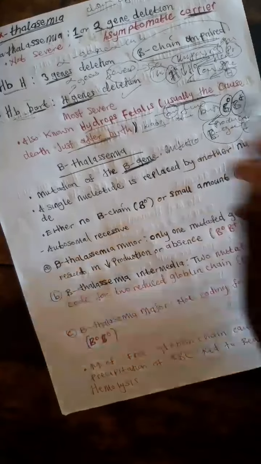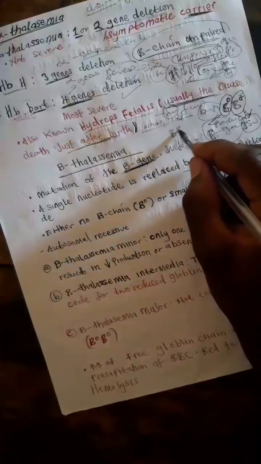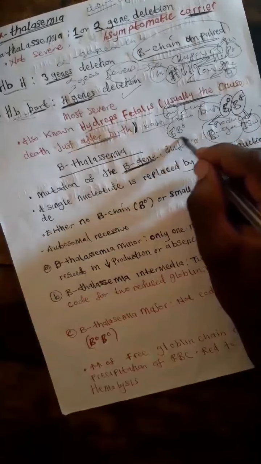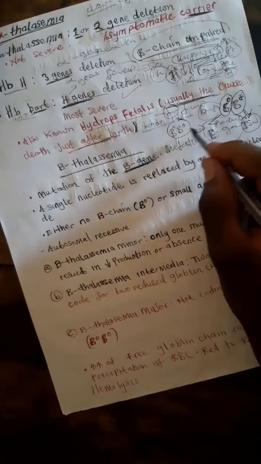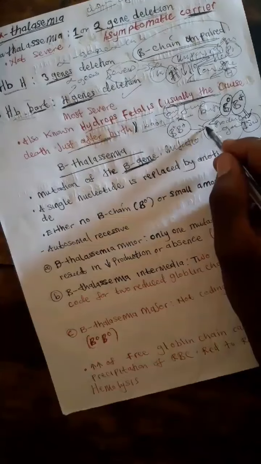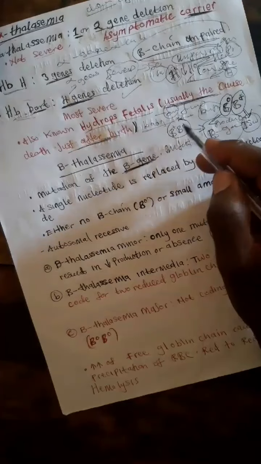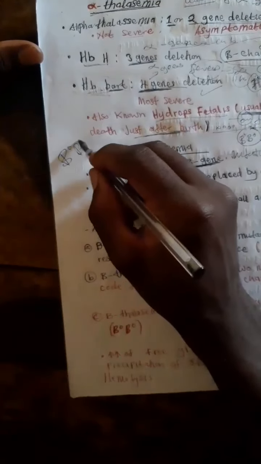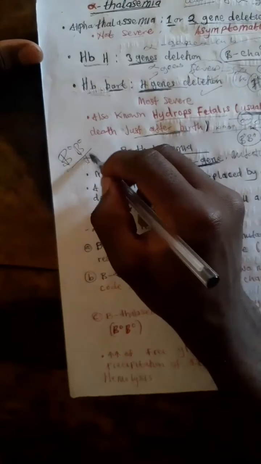When there is this beta-plus beta-plus, it means there is production, but the production is very small for both genes. Then when there is beta-zero beta-zero, it means no production at all.